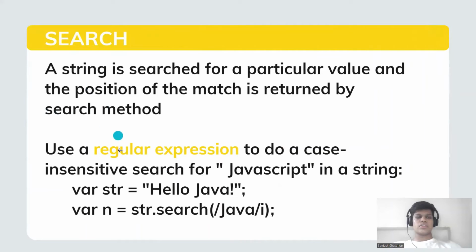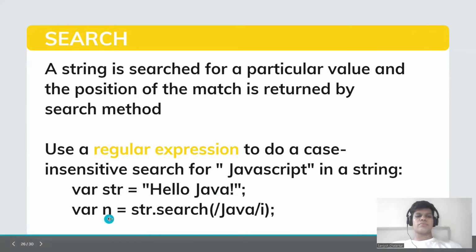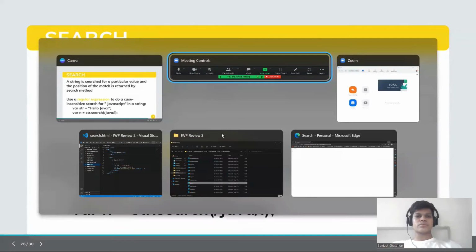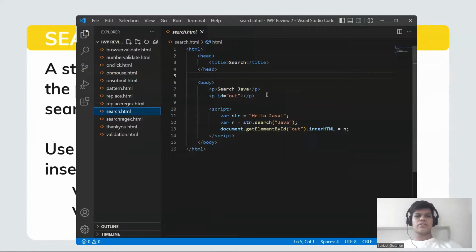Here we have taken a variable str equal to Hello Java, and we will be searching it using the regular expression /Java/i. First we will see the normal search. Here we have taken a body in which we have a script and a string Hello Java.